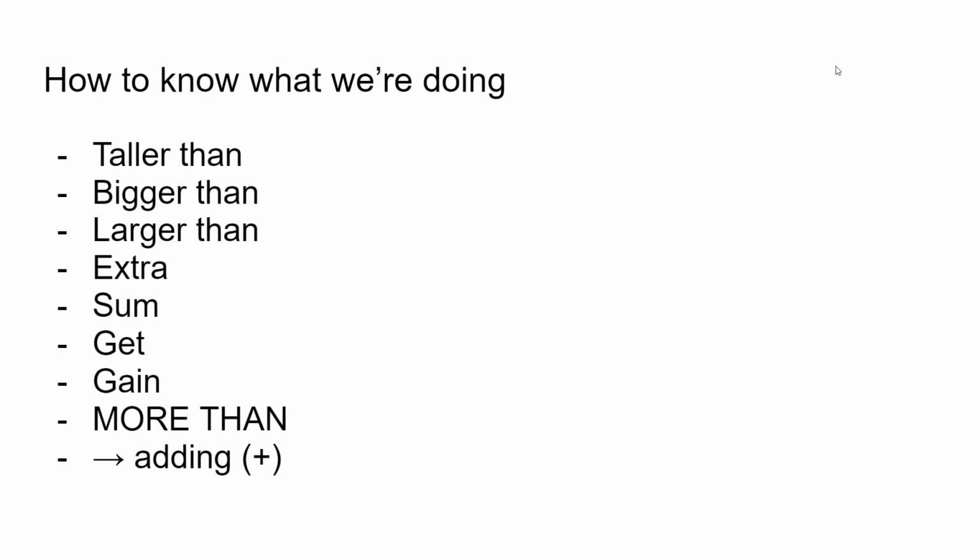Now, how do we know what we're doing? How do we know what those numbers mean in the problem? If we see words like taller than, bigger than, larger than, extra, the sum of, this person gets, this person gains, any word that means more than something means we're adding.